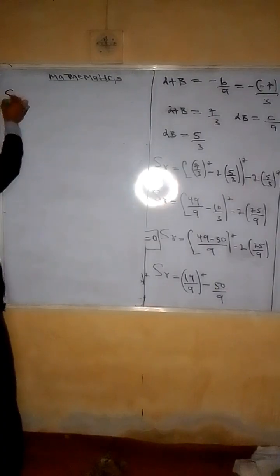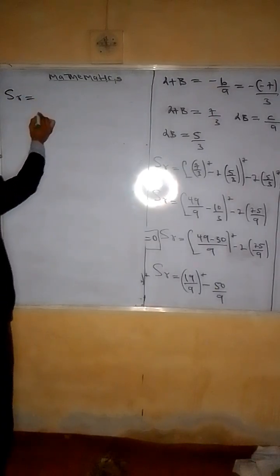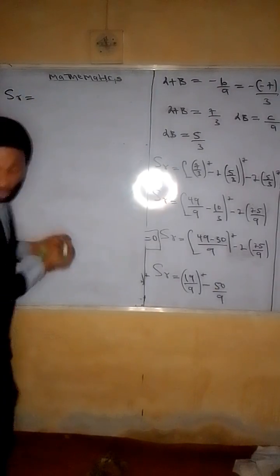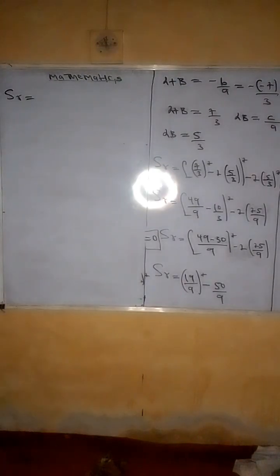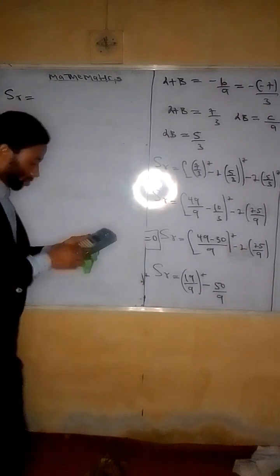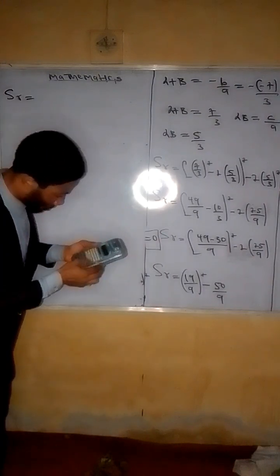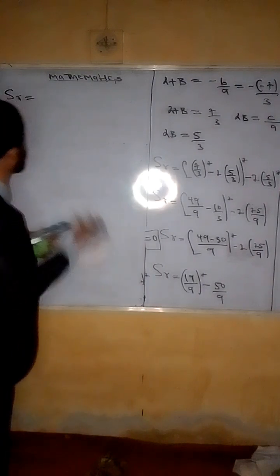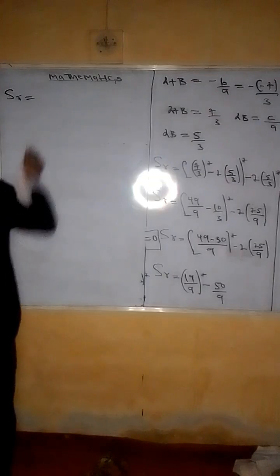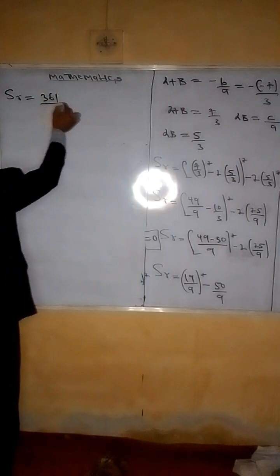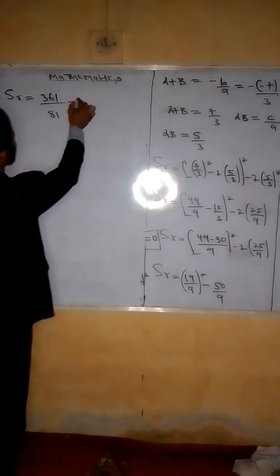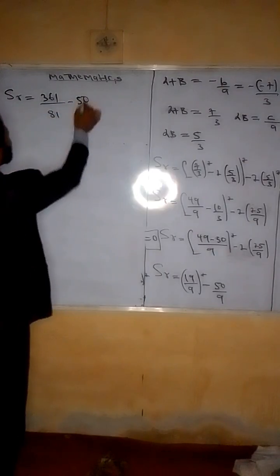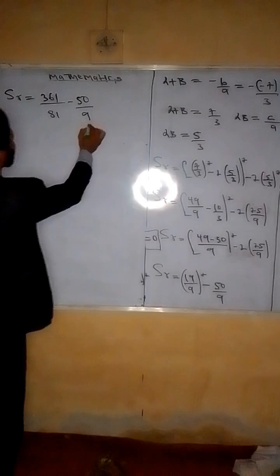So we are now going to find that the sum of the roots, S, is 19 squared. Let us quickly see what 19 squared will give us. 19 squared is 361 over 9 squared, which is 81, minus 50 all over 9.